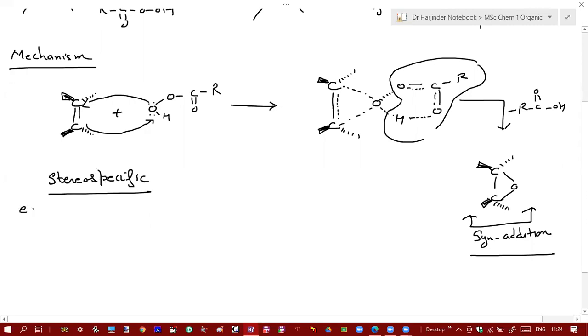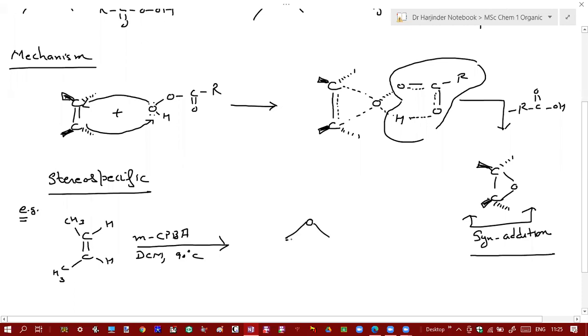For example, if you have cis-butene and you treat it with metachloroperbenzoic acid, what will be the product? Of course, epoxide.